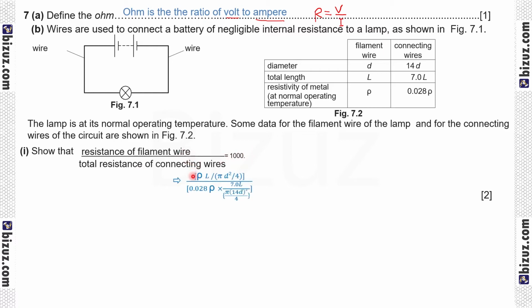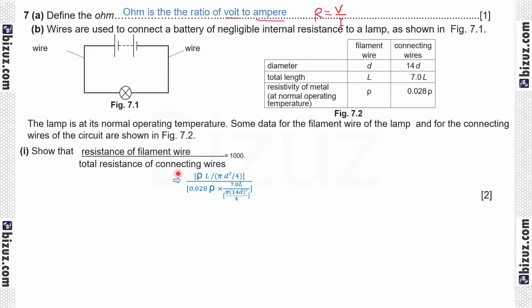For resistance of any wire, the formula is rho L by A. So filament wire resistivity is rho, length is L, which is shown in figure 7.2, and area of cross section is pi d square by 4. Here d is the diameter of the filament wire.